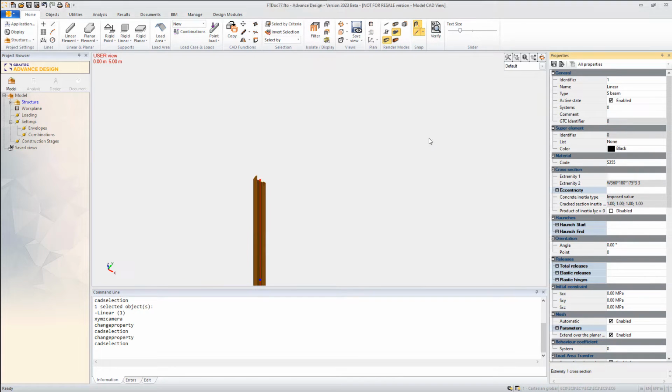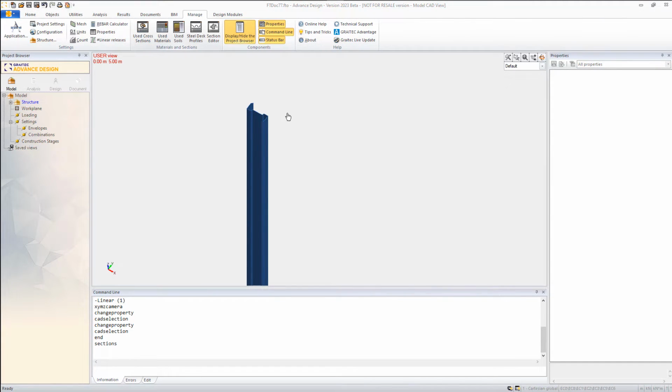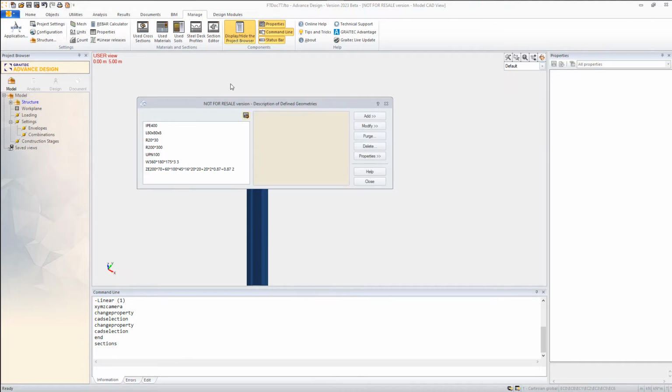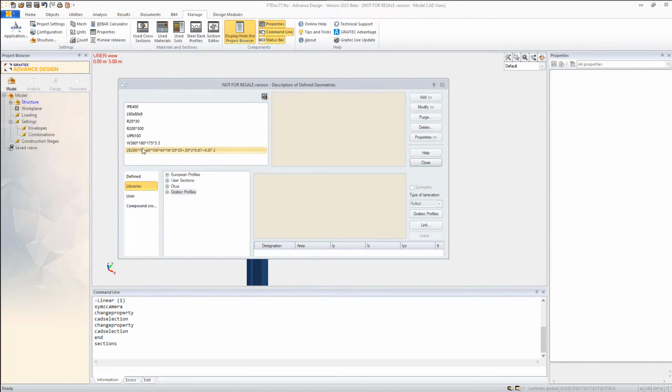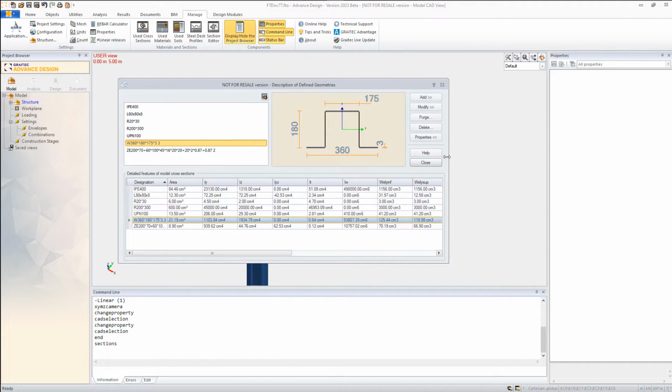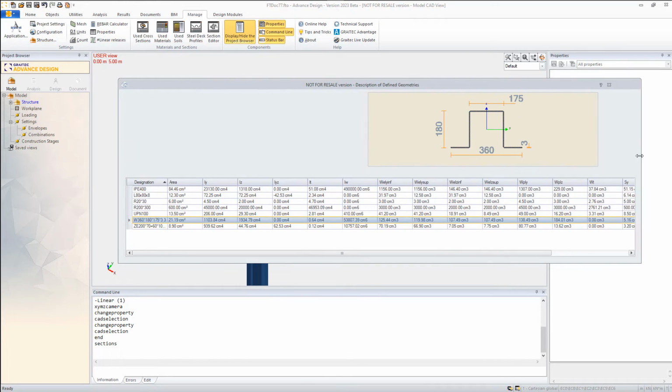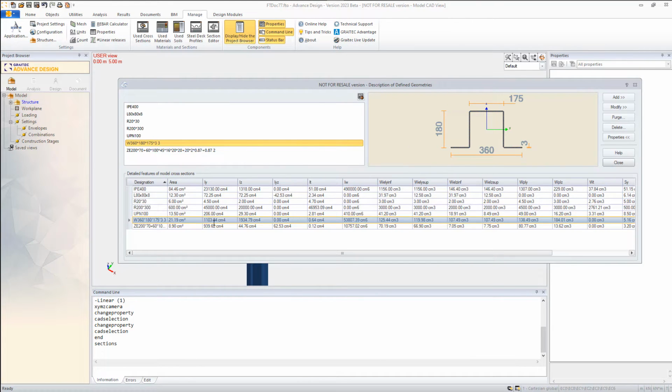And when you define a section there, the characteristics are computed on the fly. You can access them from the manager. When you pick the hat section, you can display the properties. You will find the gross area, the inertia, Iy, Iz, the torsional inertia, the warping constant, the elastic bending modulus about Y, about Z for top and bottom, left and right.